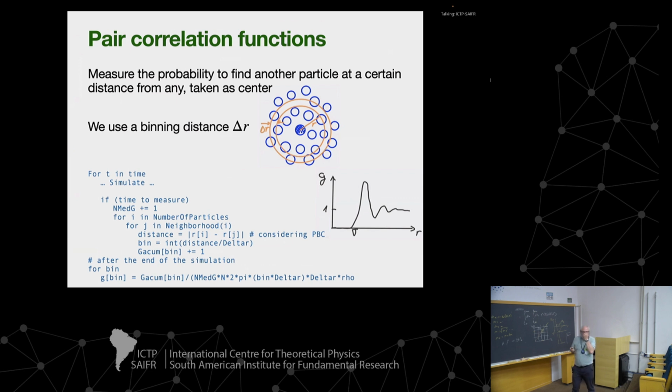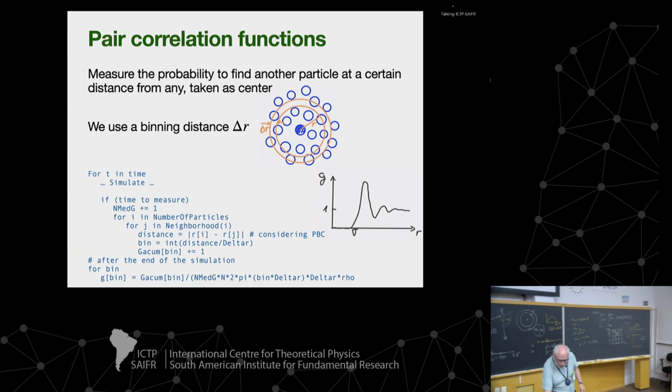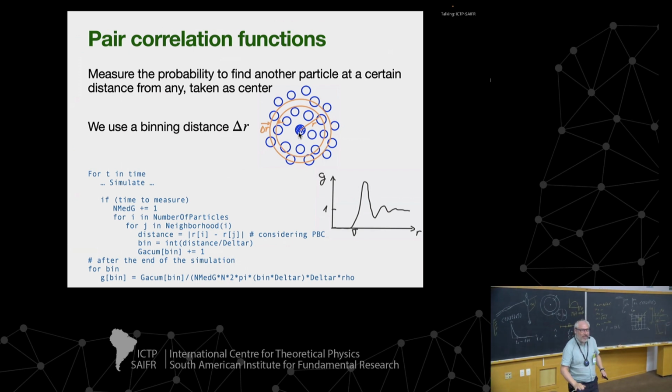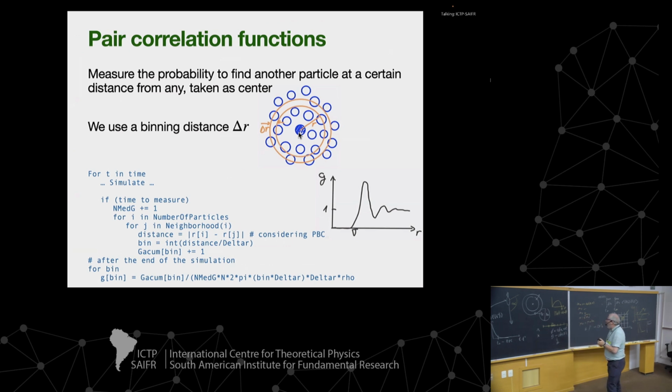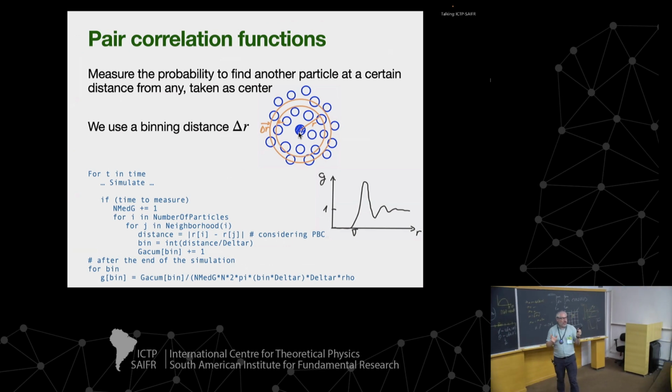So for the correlation function, you have a system of particles, and you want to take any of them as a center and see what's the probability of finding another one at a given distance. You can play with coins.